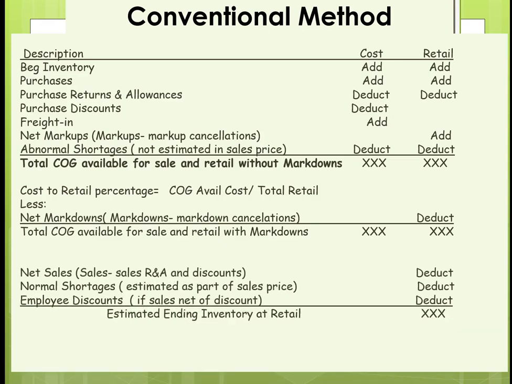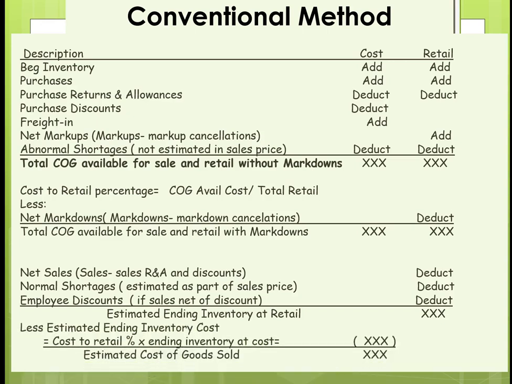Then we're going to take away our sales, normal shortages, and employee discounts. And then we're going to take our percentage times that number at retail to get our estimated ending inventory, subtracted from total cost of goods available for sale to get our estimated cost of goods sold. So that's our formula.